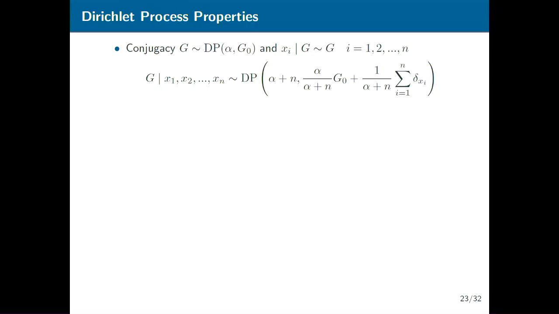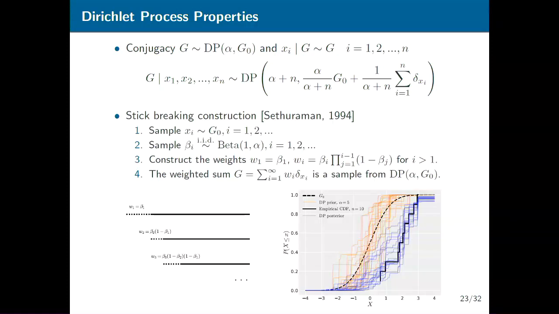And that's great, but what does the Dirichlet process actually look like? There's a very nice constructive algorithm called the stick-breaking process, that tells you how to generate a sample from a Dirichlet process. You start off by sampling the individual point masses from your base distribution. You then construct the weights in a way that resembles stick breaking, in the sense that you draw a bunch of beta random variates.